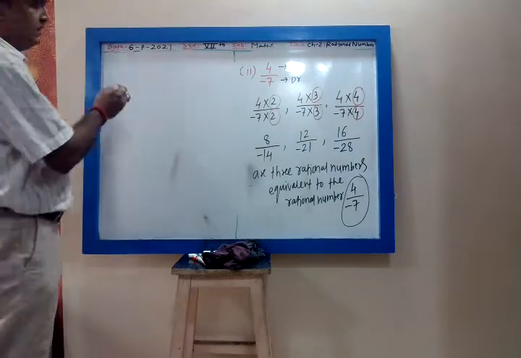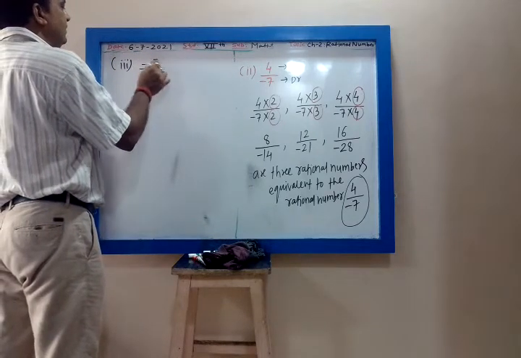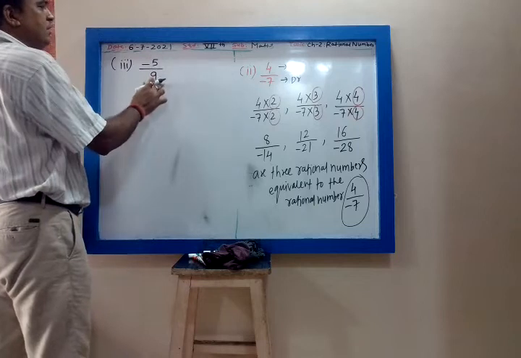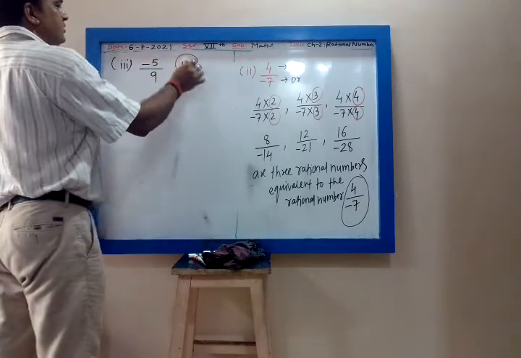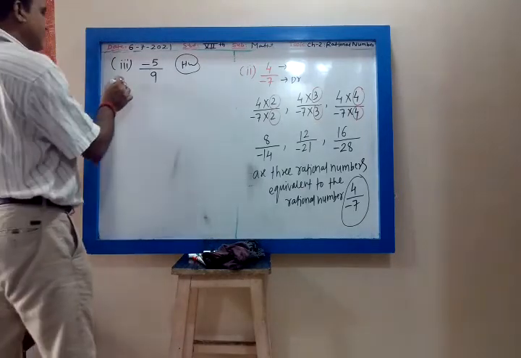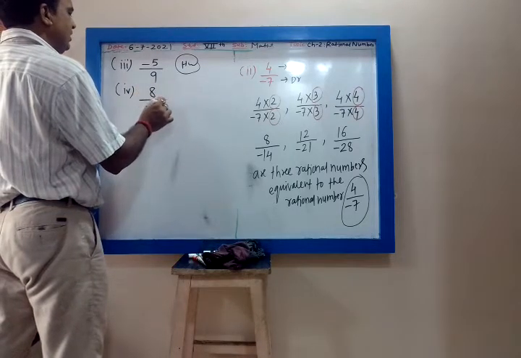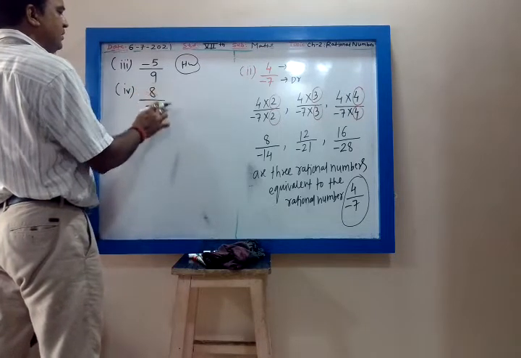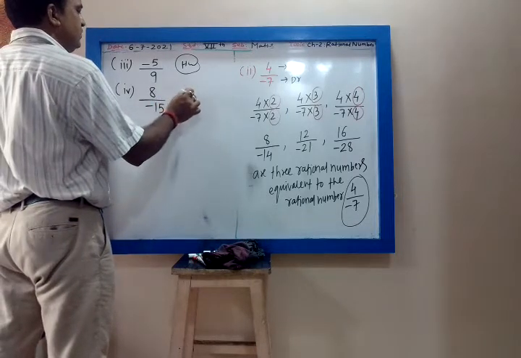Third, minus 5 upon 9. Multiply numerator and denominator with 2, then 3, then 4. So this will be homework. Then fourth part, 8 upon minus 15. Multiply numerator and denominator with three different numbers, 2, then 3, then 4. So this will be homework.